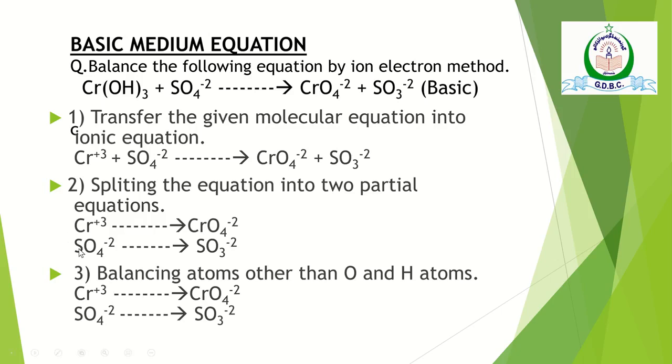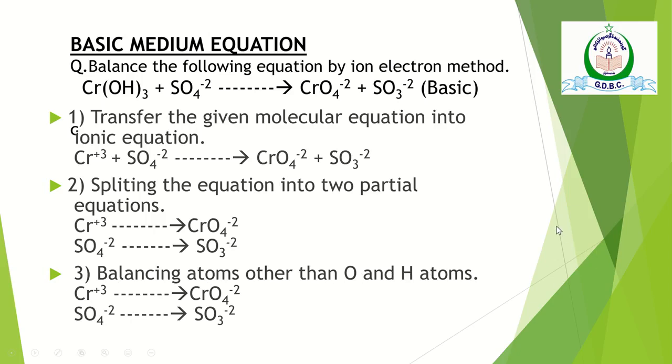In the second equation, one sulfur on the left hand side, the reactant hand side, and one sulfur on the right hand side, or the product hand side. So we need not add any integer. So this is also balanced in terms of sulfur. So these are the two equations with no change in balancing atoms other than oxygen and hydrogen atoms.